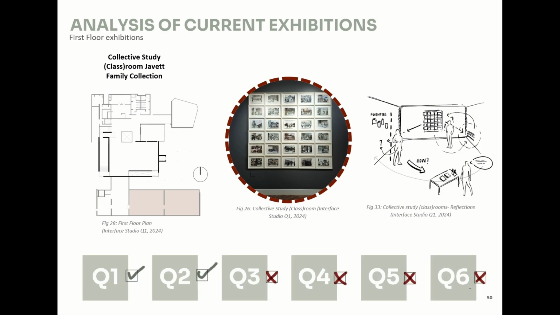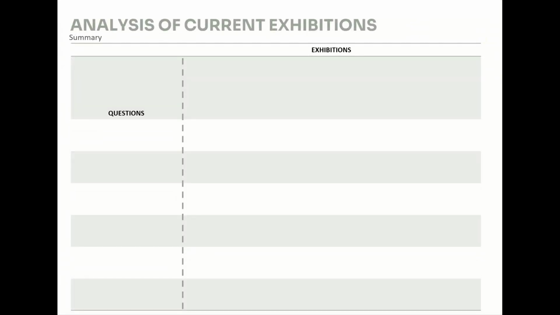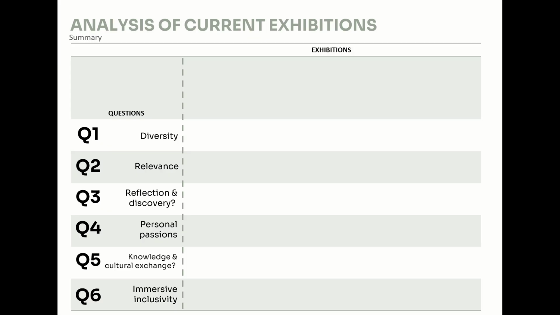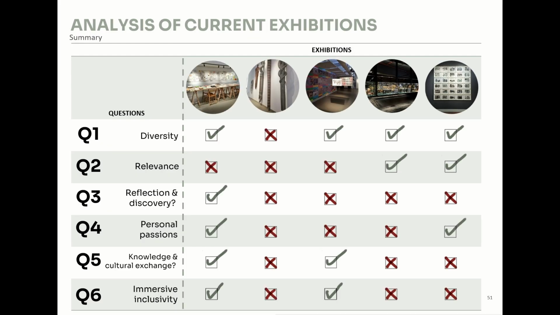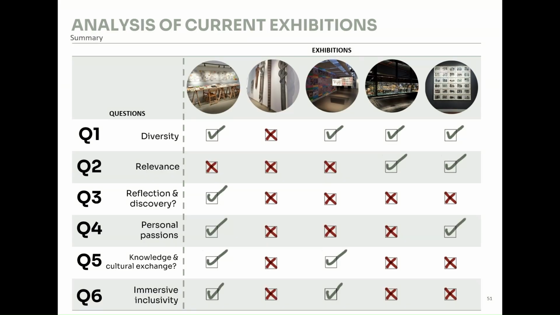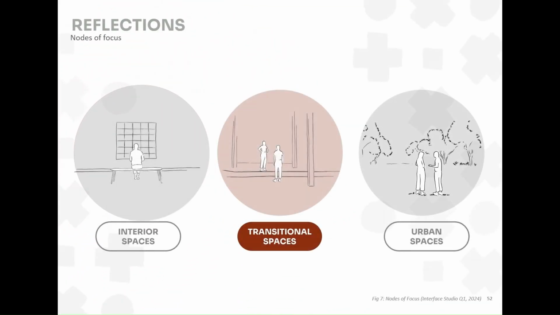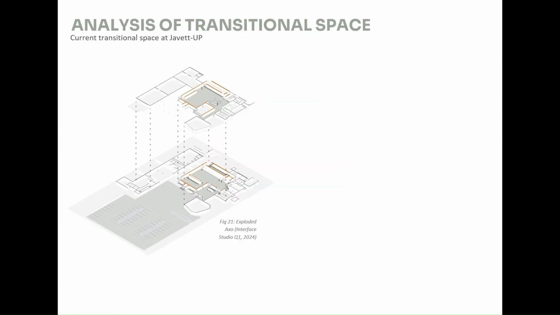After applying our set of questions to the exhibition, we noticed gaps mainly with question 3, 4, 5, and 6. We then summarized the analysis into a table to highlight the most common areas that exhibitions fell short. Next, we analysed the transitional space outside of Javed UP that sits within the boundary wall. The exterior space is made out of the parking lot and the undercover stage.